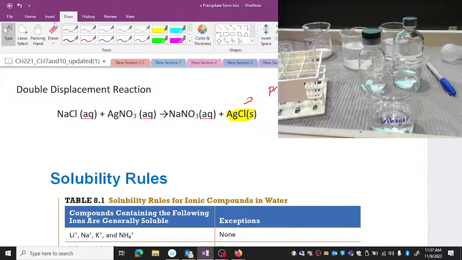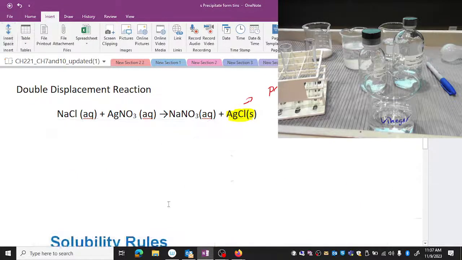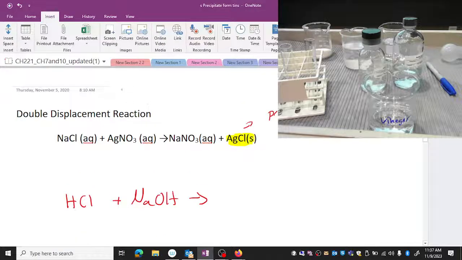Or the other way to drive a double displacement reaction would be a neutralization. I didn't bring one, it's hard to bring the whole lab. But a neutralization is also a double displacement. And of course, the general form of our double displacement is we're just swapping our cations. So now A goes with D and C with B. So make sure you have a cation with an anion.